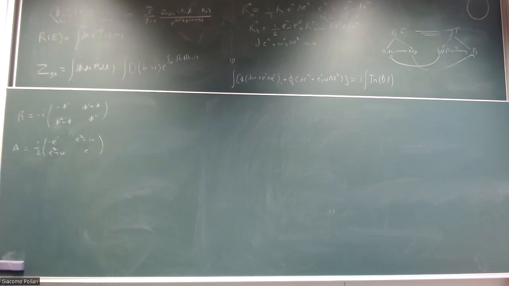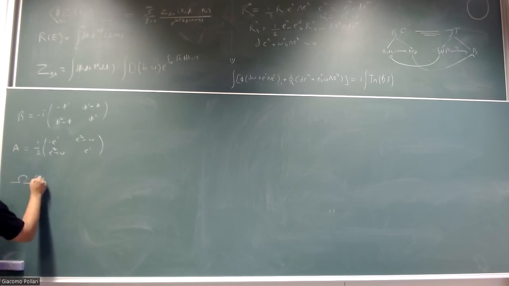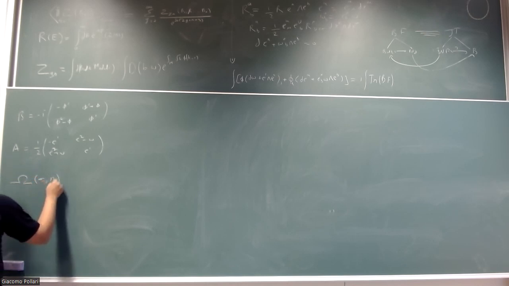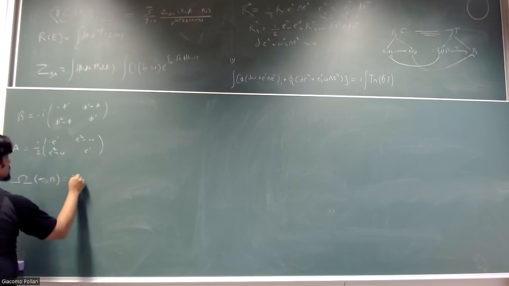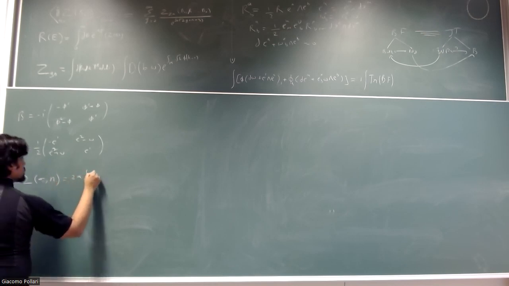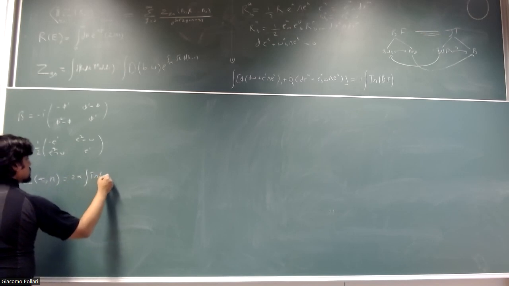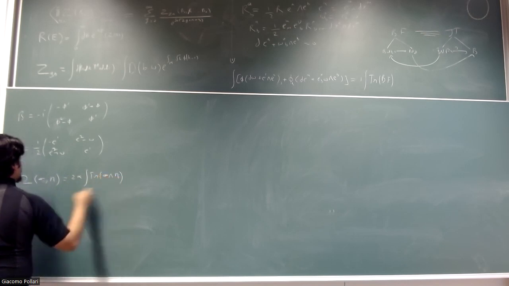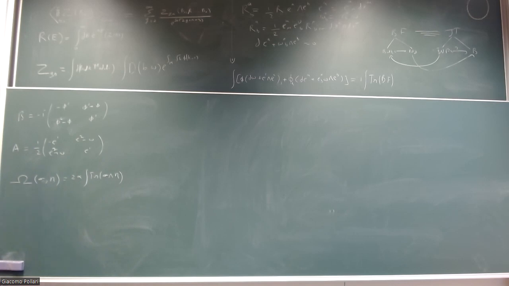Yeah, we have this. Now that we have this, for flat connections, that is n equals 0, people have found out that the symplectic form is given by something like this. What are these?